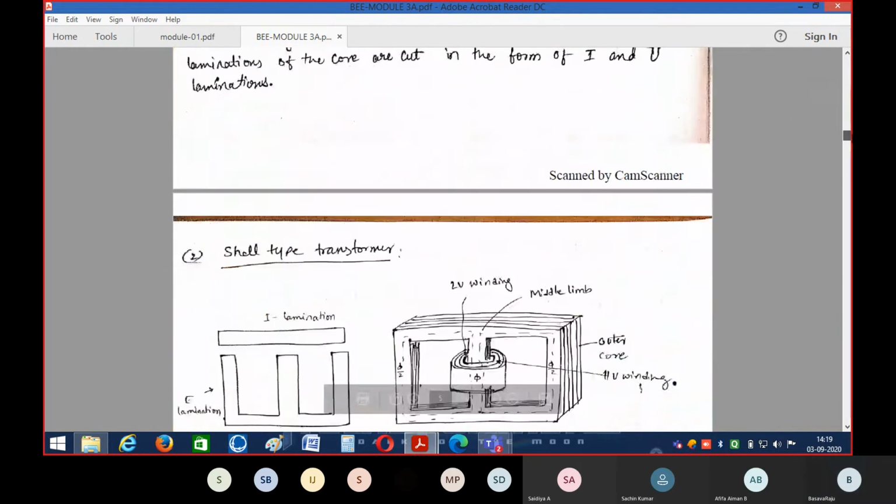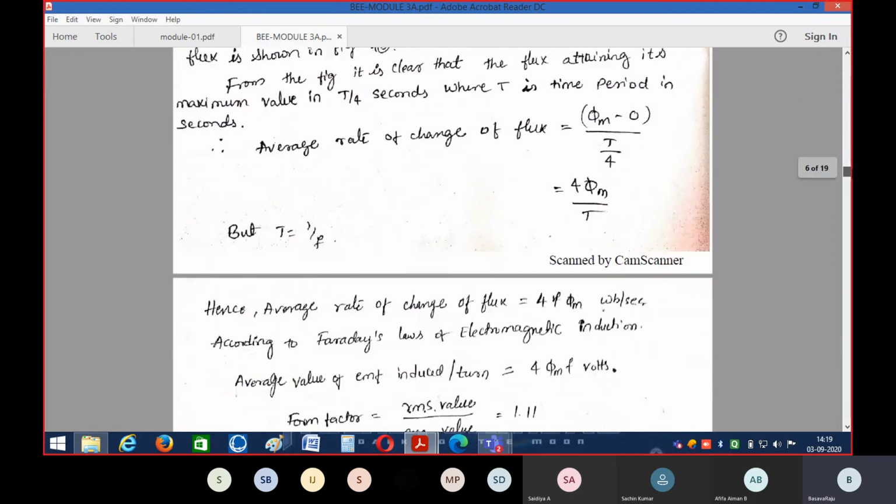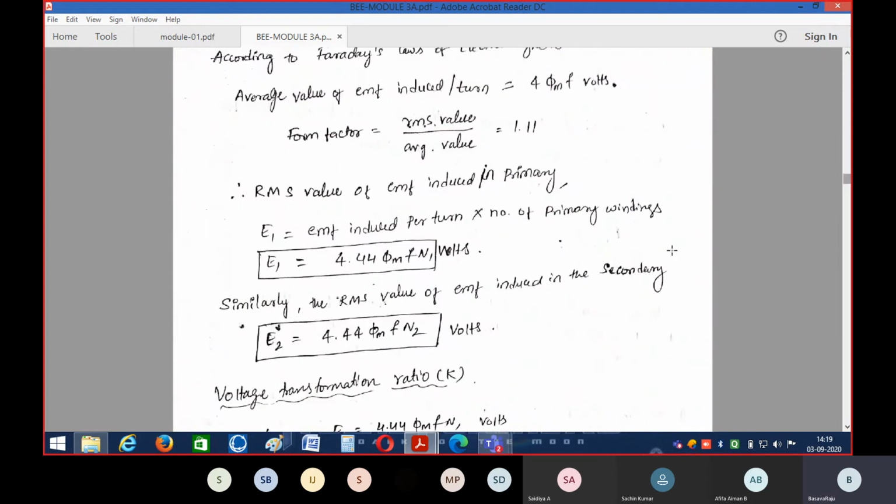Now, if we go to the EMF equation of the transformer directly, I am putting the final equation here. E1 represents the amount of EMF produced in the primary winding, and similarly E2 is nothing but the amount of EMF induced in the secondary winding. So what is the equation for the amount of EMF induced in the primary winding?